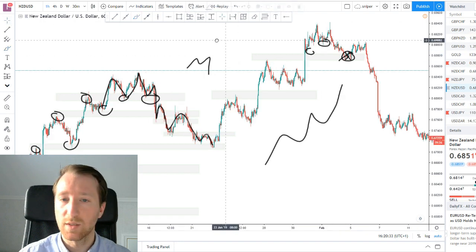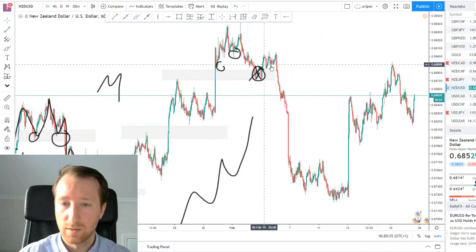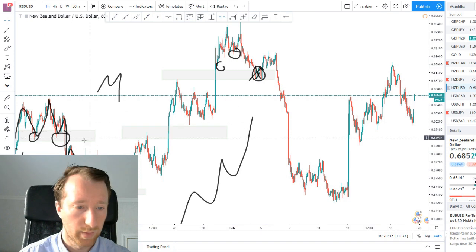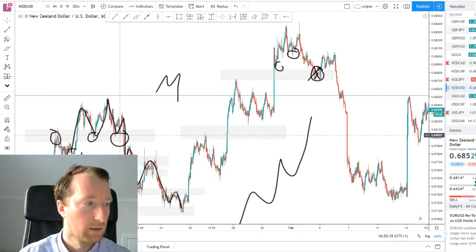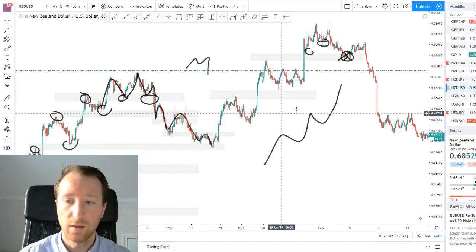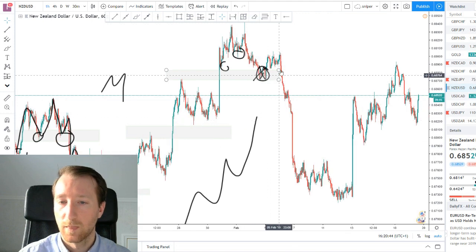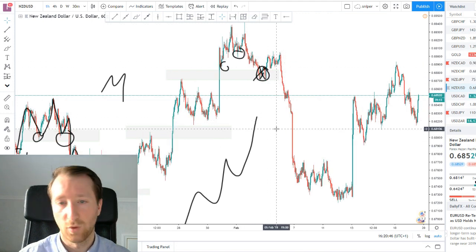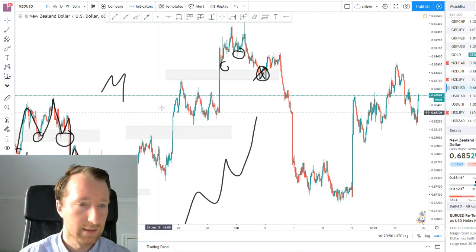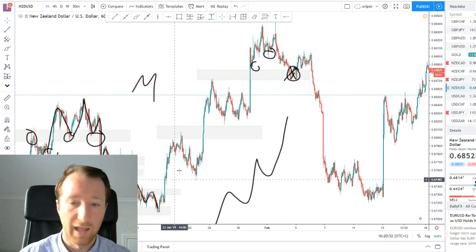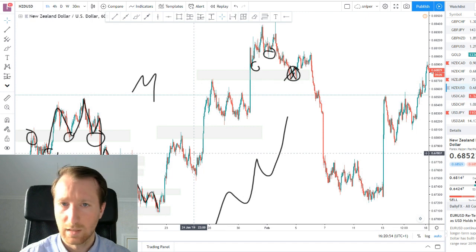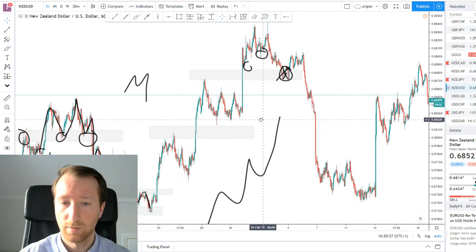Now, the interesting part about this move down compared to this move down here, this one falls off the roof. You can also call this area a ladder, like something you climb.